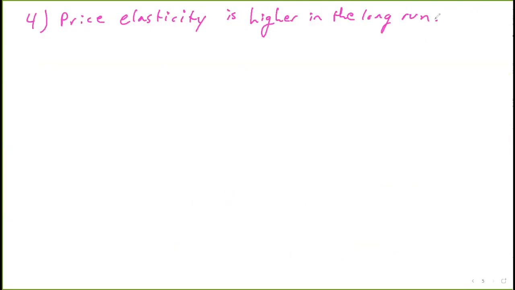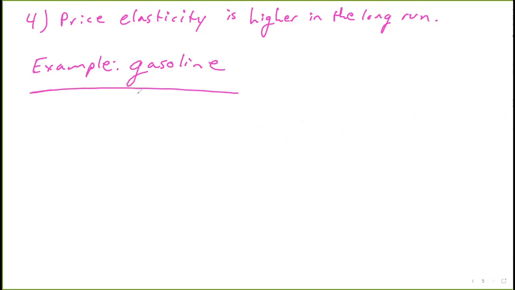So our final guiding principle is that the price elasticity is higher in the long run compared to the short run. And by long run and short run, we just mean long and short time horizons. So a good example of this is gasoline. So let's say the price of gas increases, let's say by a factor of 10.